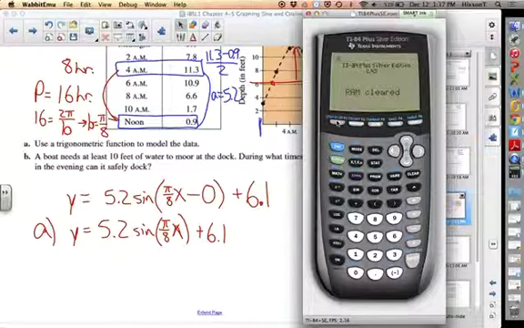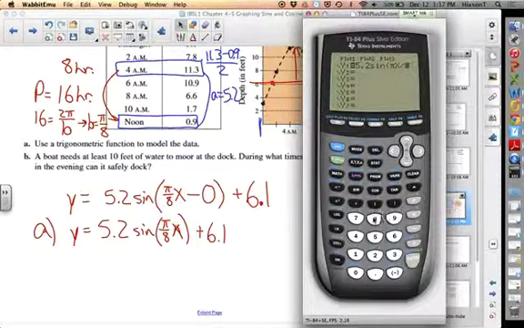So I'm going to hit y equals 5.2 sine, and I'm going to do pi x divided by 8 inside the sine. Close your parentheses, plus 6.1.